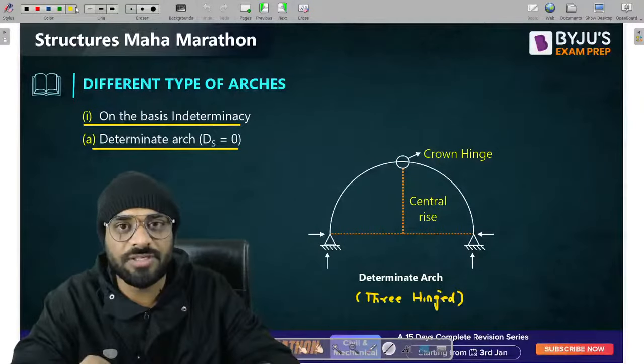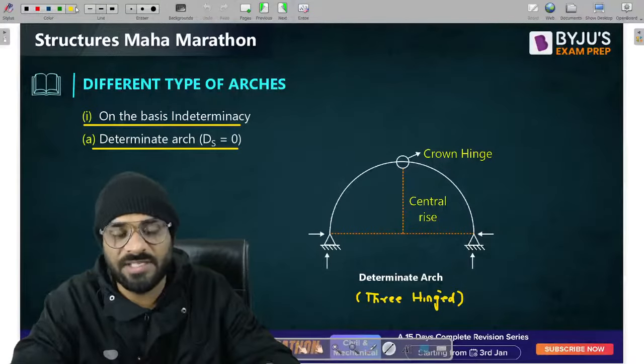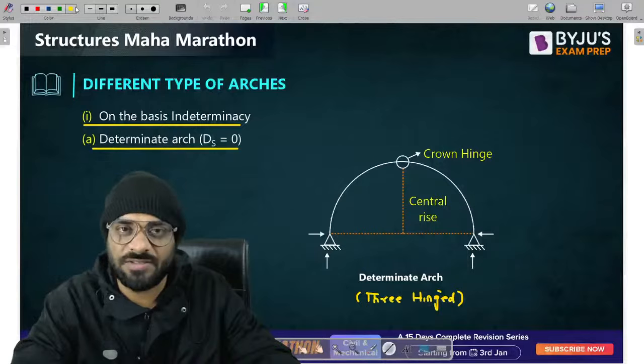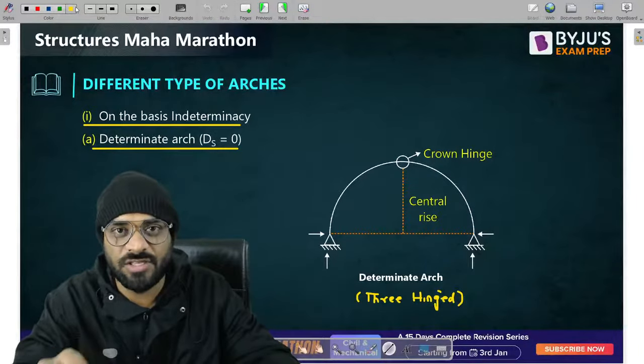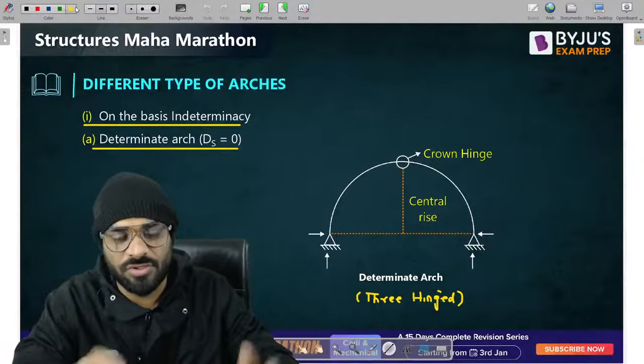Why, I don't know, but it is a very nice and conceptual chapter. Still, they are not asking too many questions from arches. That means you have a lesser probability from this chapter, and you can expect very few questions in the GATE examination, right? Or it may be possible there is no question from the arch portion at all, right?